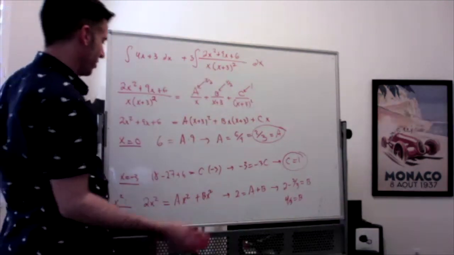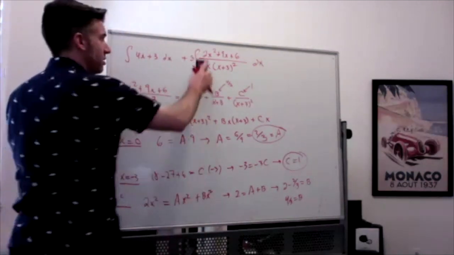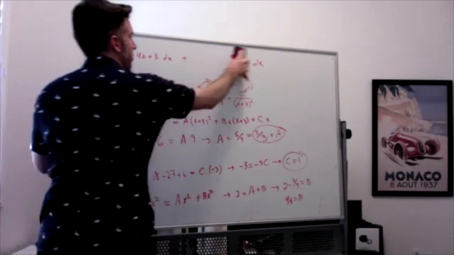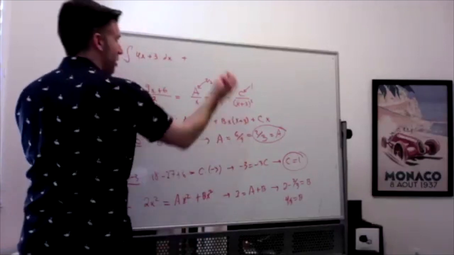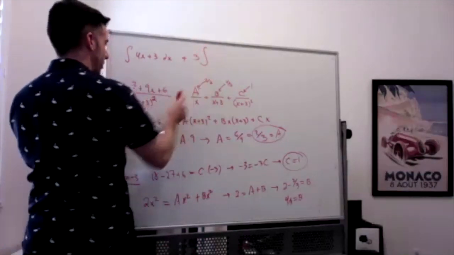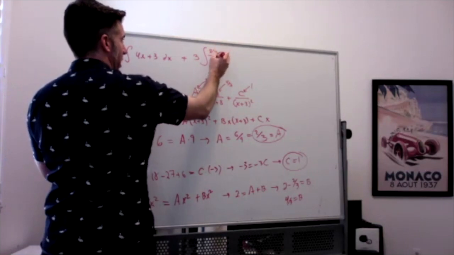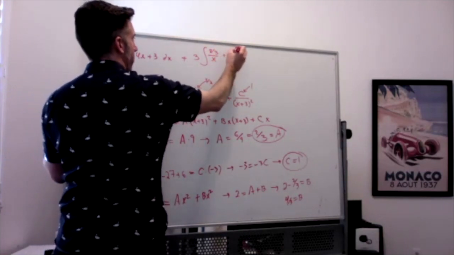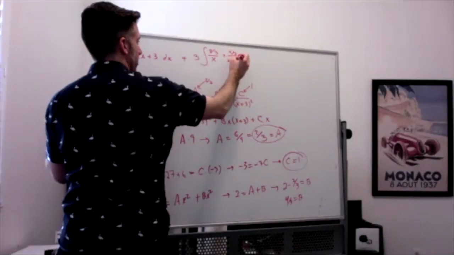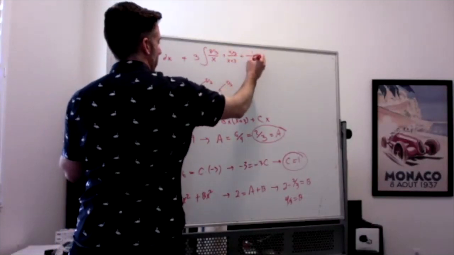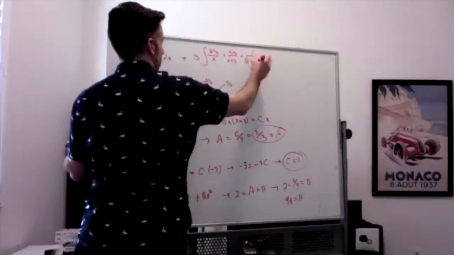I guess I can rewrite this. So I'm just going to erase this and say we've got 3 times the integral of this, which is the same as this: 2/3 over x plus 4/3 over x plus 3 plus 1 over (x plus 3) squared.